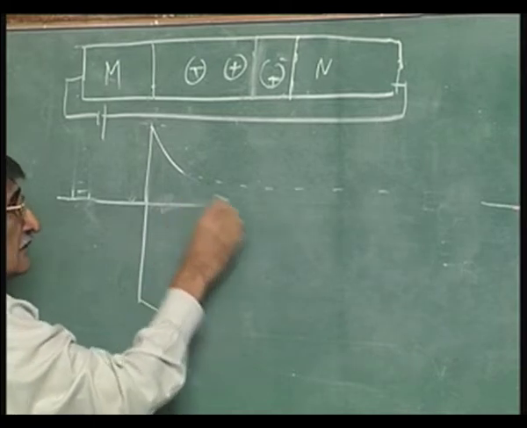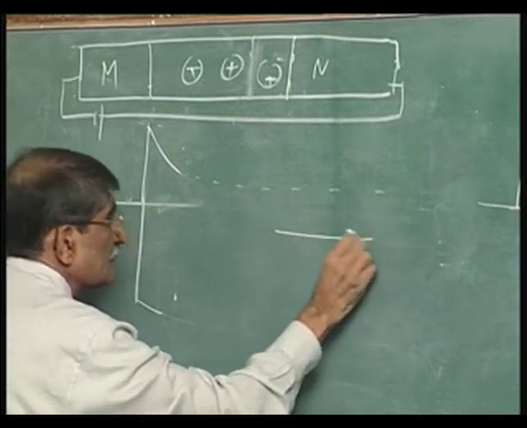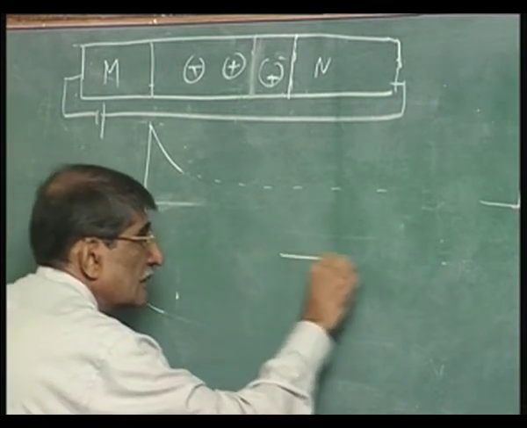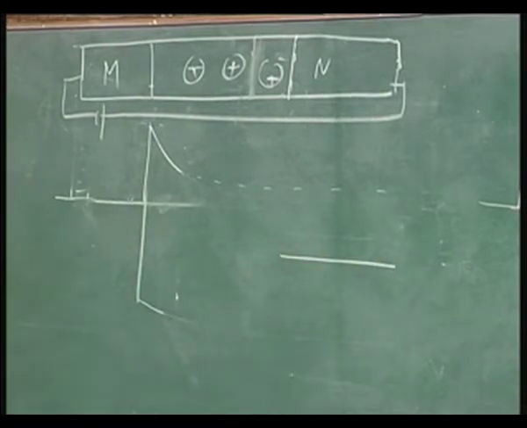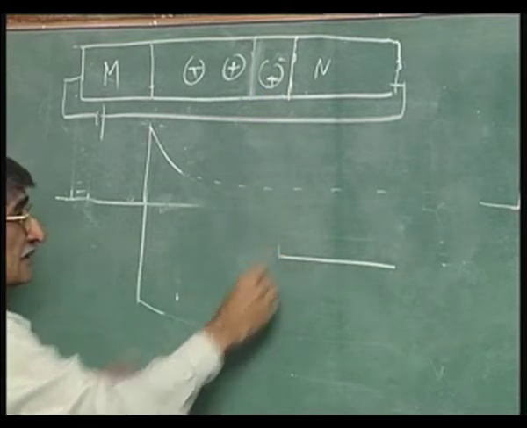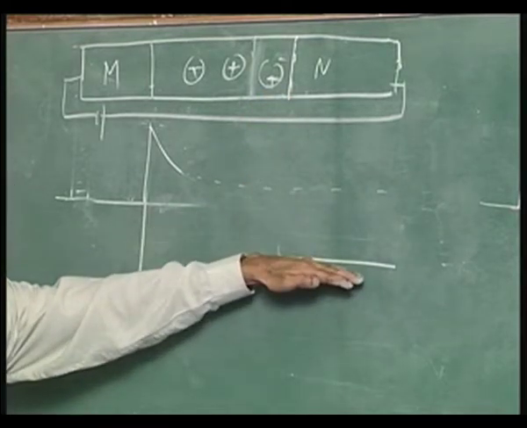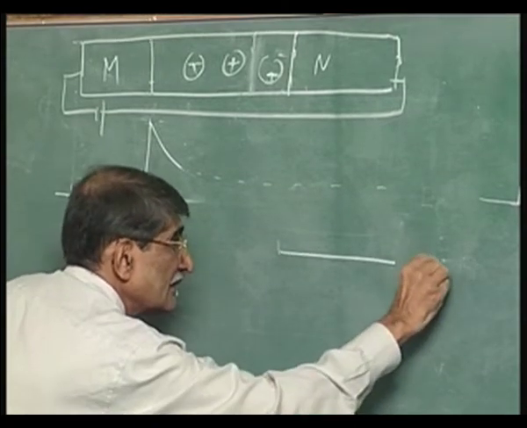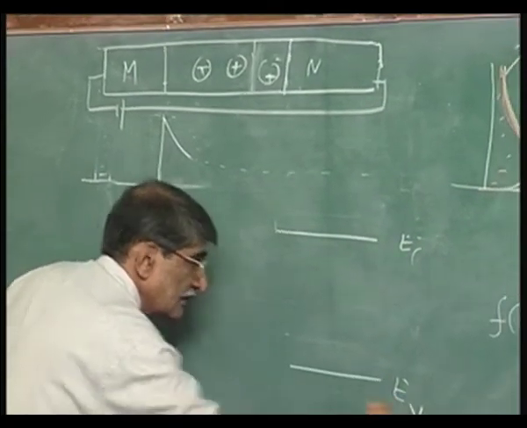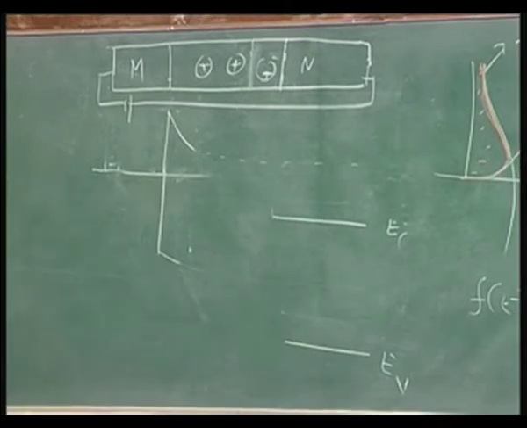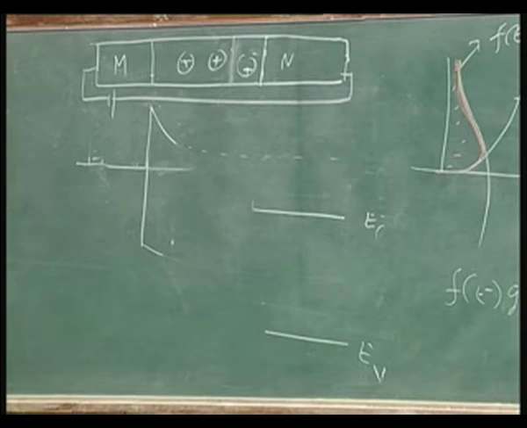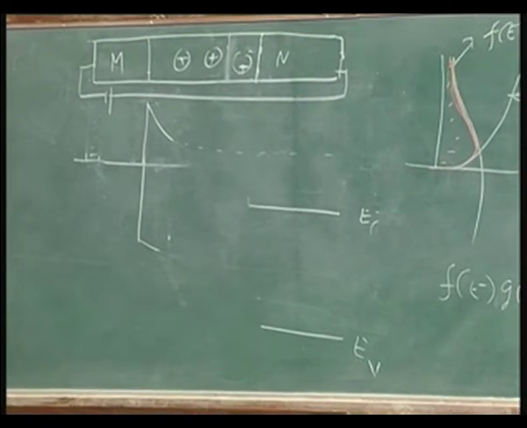I have drawn it magnified. The neutral point has come down, like the conduction band, and the valence band correspondingly has gone down. So EC and EV in the neutral region remain the same, the gap is the same, but only the energy has lowered because of the plus charge on the other side.